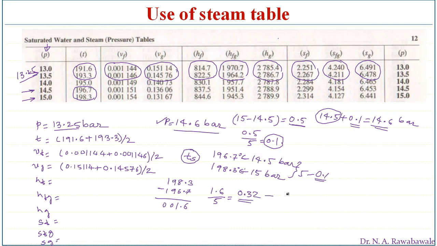Say we increase the pressure from 14.5 bar. At 14.5 bar it is 196.7 degrees Celsius. So at 14.6 bar, this will be 196.7 plus 0.32.